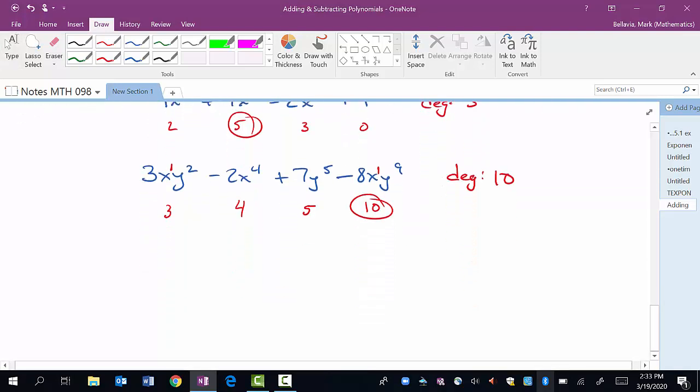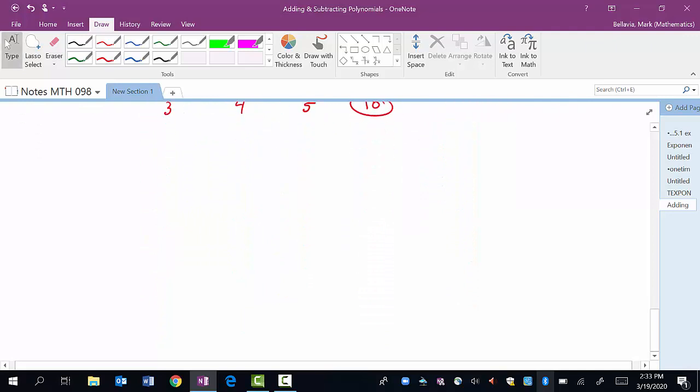Alright, now that we've talked about polynomials and their degree, we'll talk about how to add them or subtract them. So, to add, I'll just say slash subtract because it really is the same process.